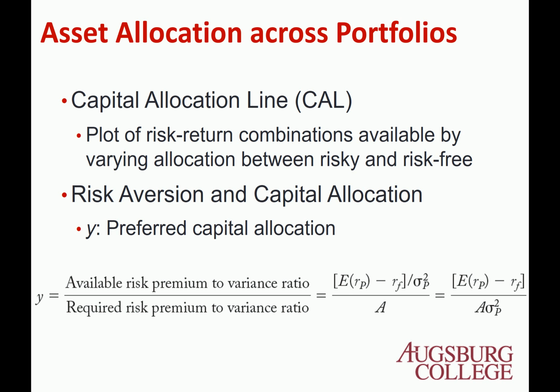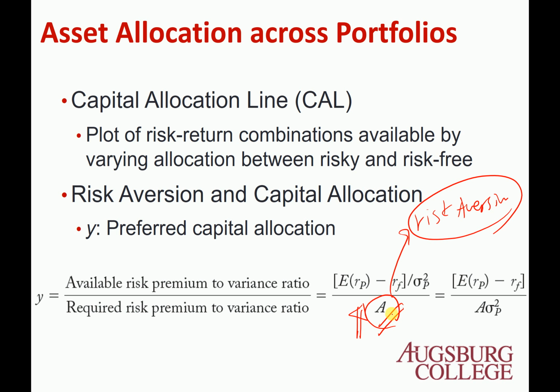So now if we believe A is the amount of risk aversion, so if you are more risk averse, then A is higher. It means that if A is higher, your Y, the proportion of risk asset, actually decreases, right?